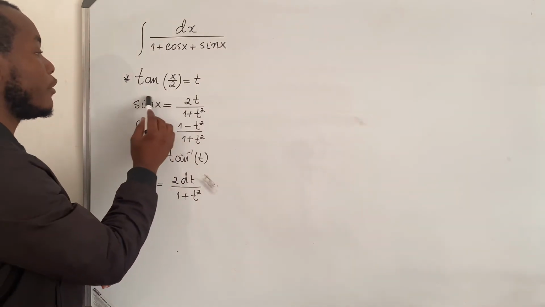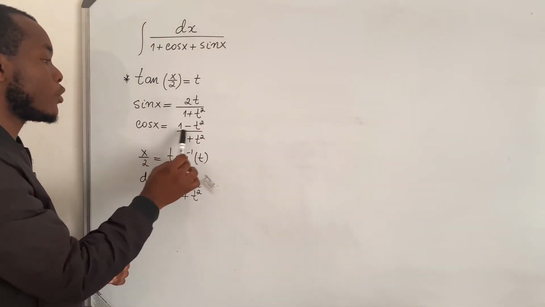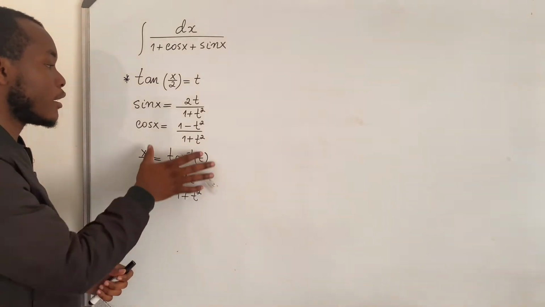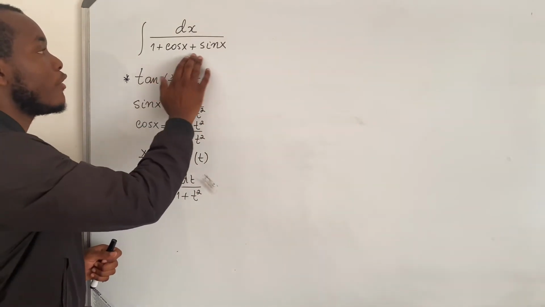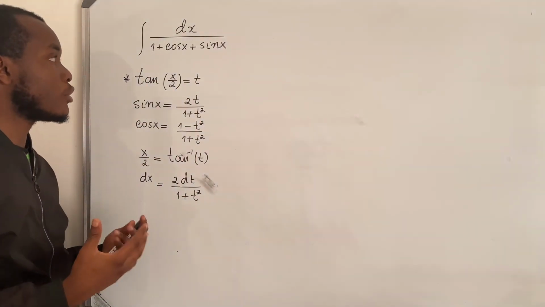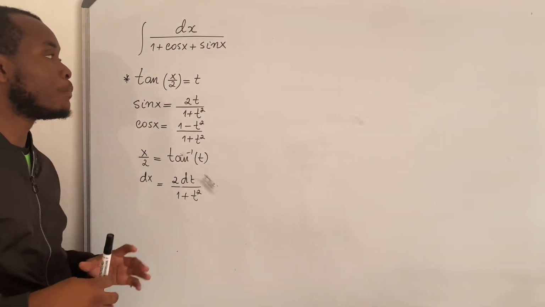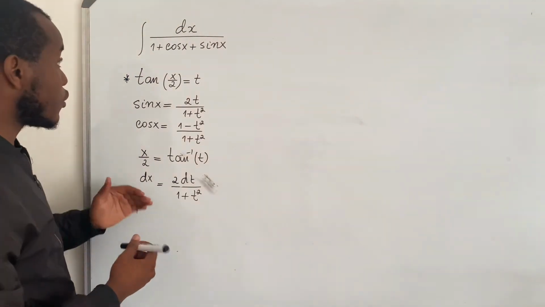So now I have the value of sine with respect to t, I have the value of cos with respect to t, and I have the dx. Remember, this dx and cos and sine will always be constant when we have a trig denominator of rational form, whereby the exponent of our trig expression is 1. All right, so we can just substitute.